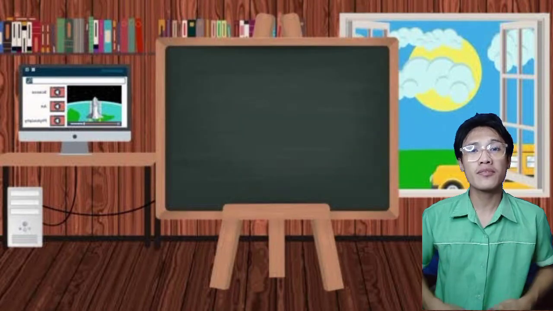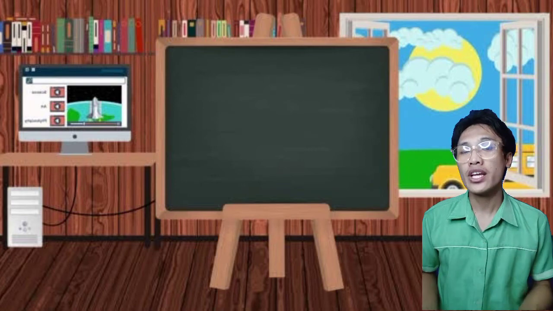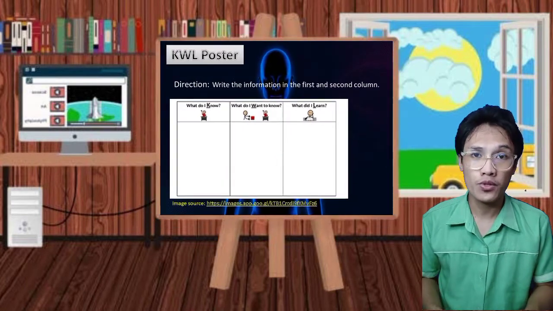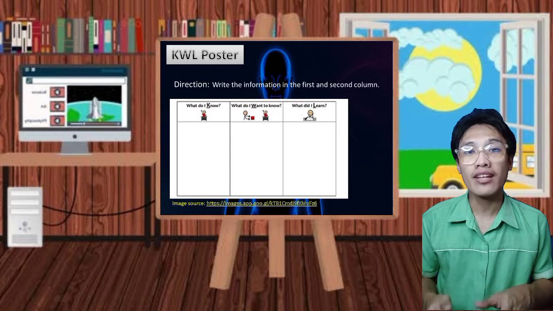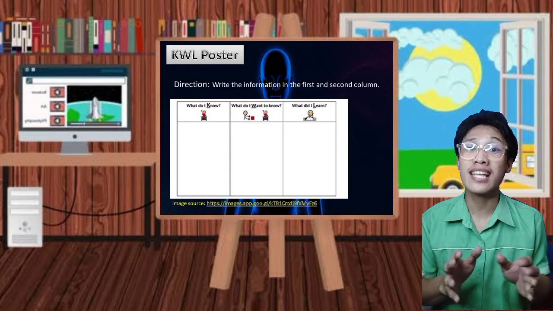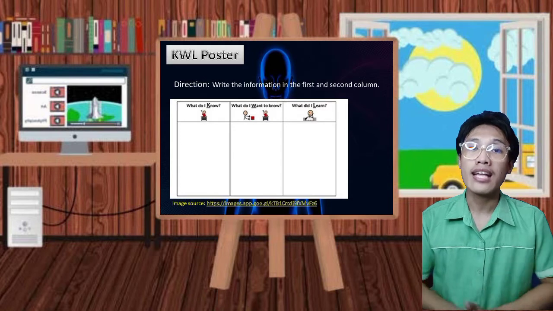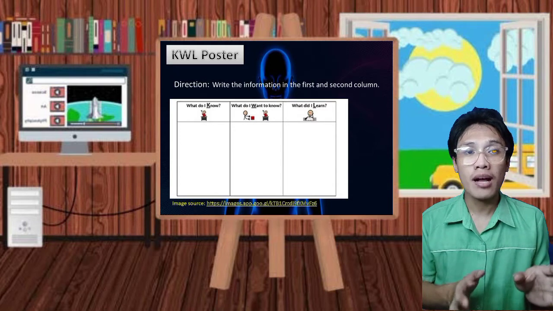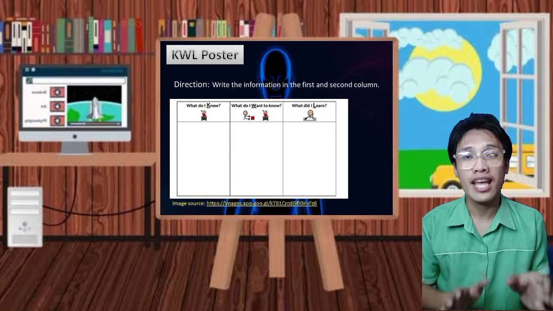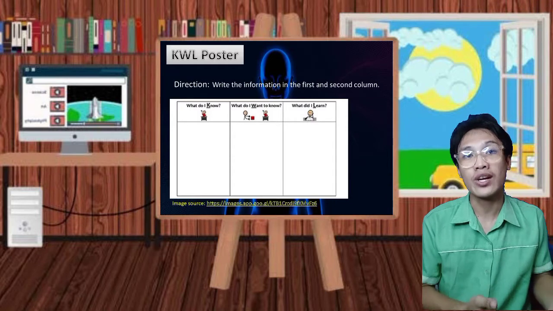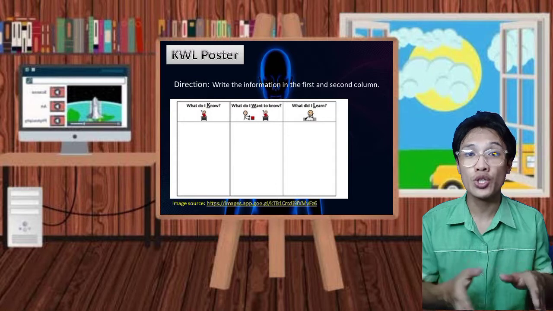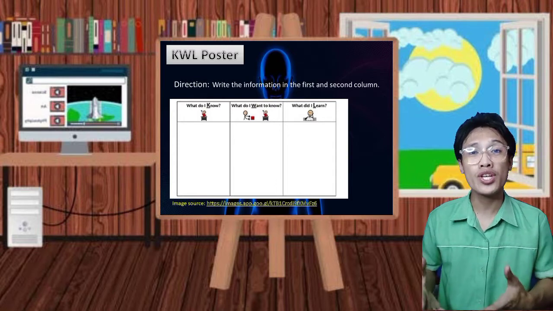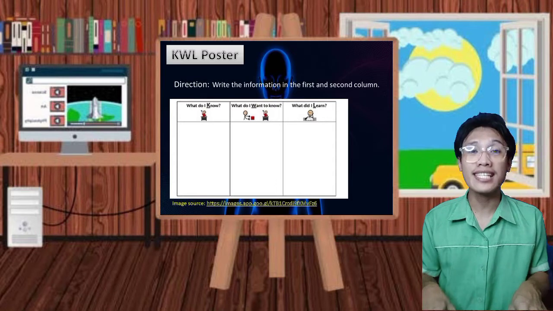For now, I have here a KWL poster, and the direction is to write the information in the first and second column only. There is a third column; just leave it and we will tackle that later on. In the first column, we have "What do I know?", or what do you already know about this lesson.